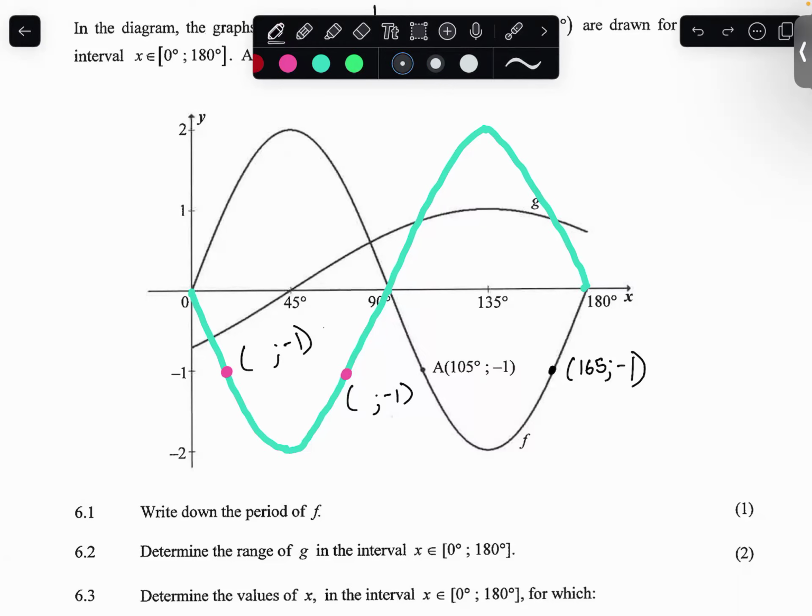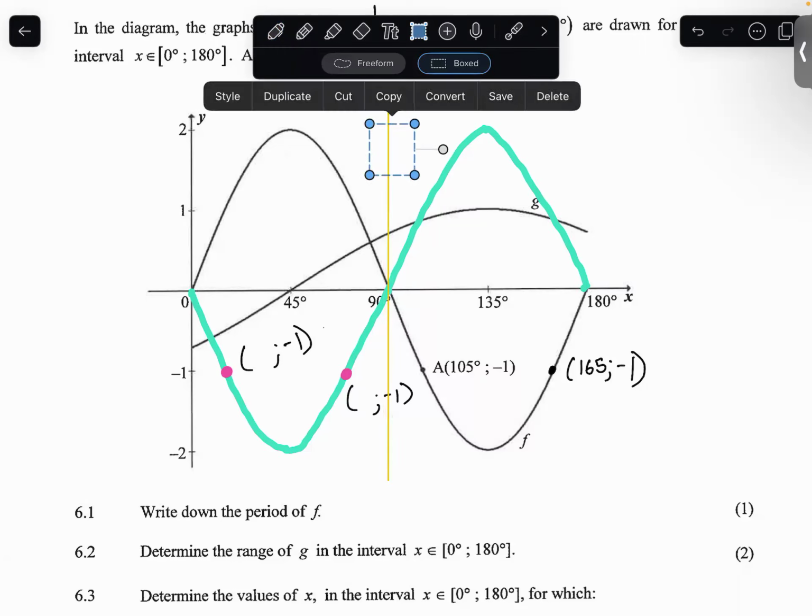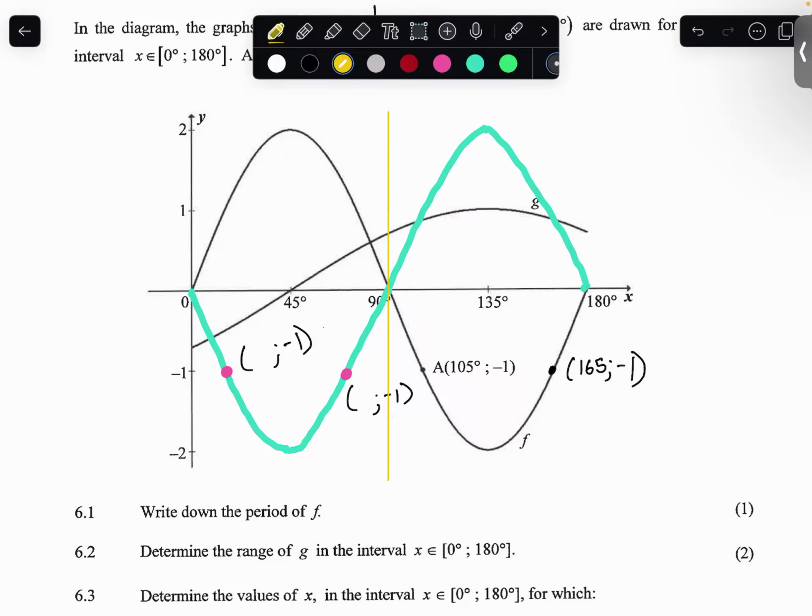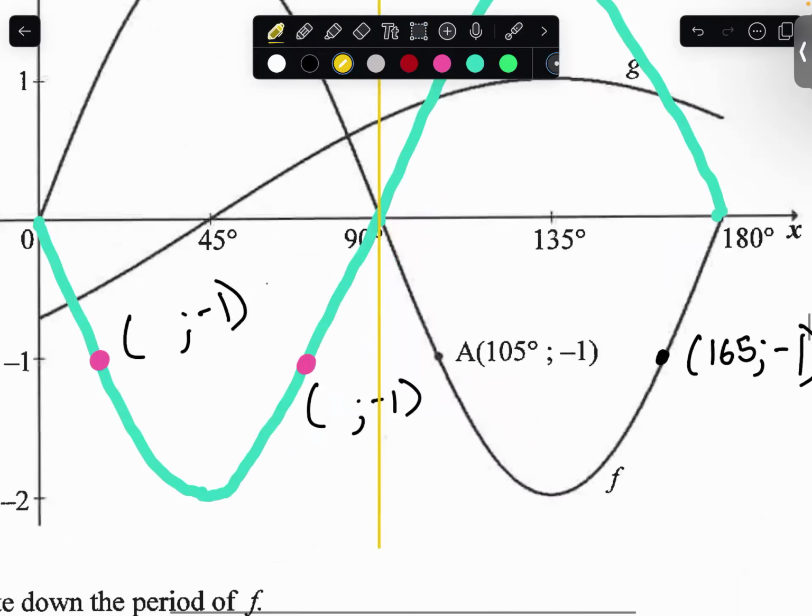So the first thing I know is that this line, x is equal to 90, exists in both, right? And so what I'm going to do is see what the distance from this 90 to this x value is. Because that would mean it's the same distance there, right?